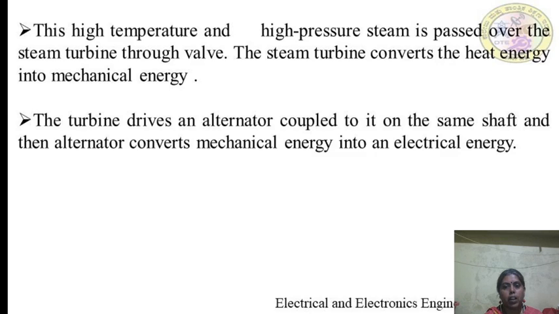The steam turbine converts the heat energy into mechanical energy. So the turbine drives an alternator coupled to it on the same shaft, and then the alternator converts mechanical energy into electrical energy.